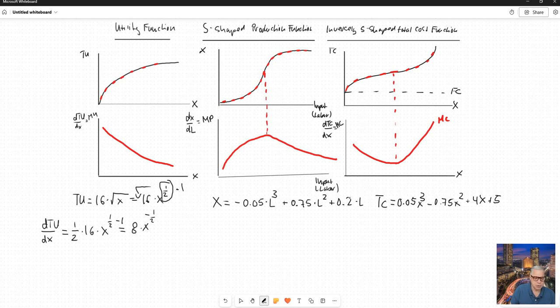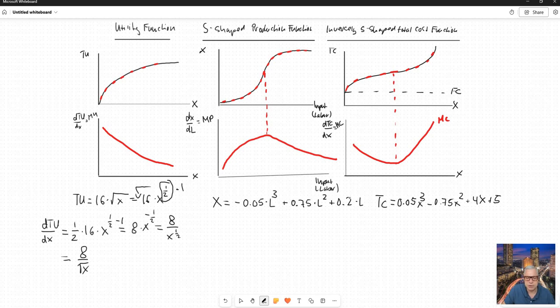And as I showed you earlier, if something is raised to something negative, we can also write a 1 over that term, so we get 8 over x raised to the 1/2, or 8 over the square root of x. Okay, so that was the first example.